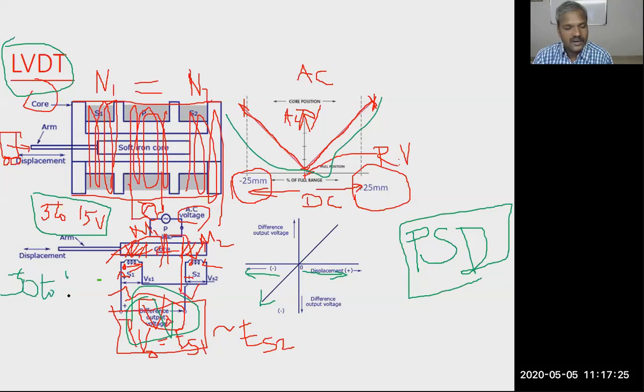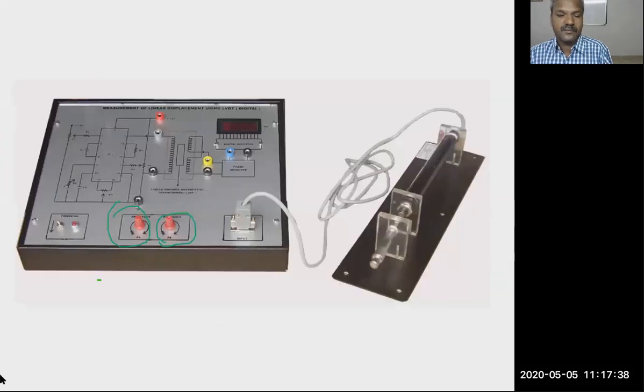So we should excite this primary with these 2 settings, the voltage and the frequency. In this kit, we have a primary coil here. This primary should be excited by 3 to 15 volts and 50 hertz to 20 kilohertz.